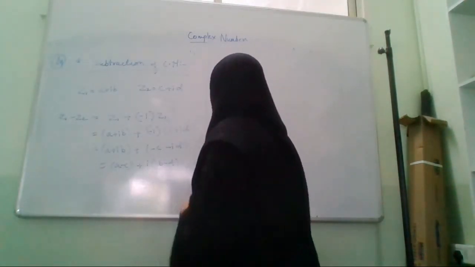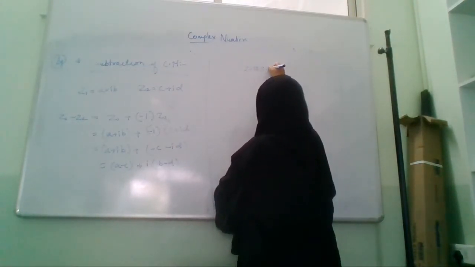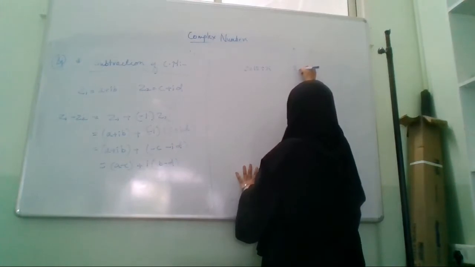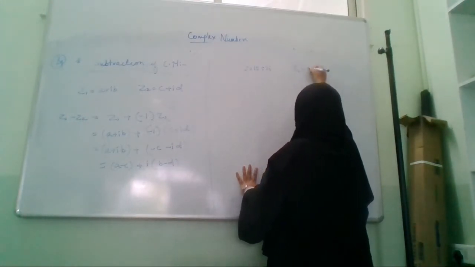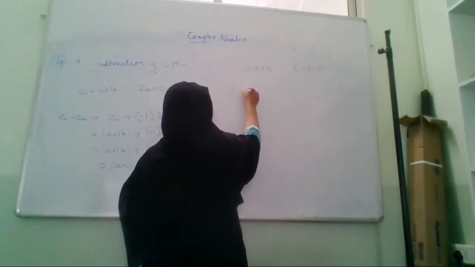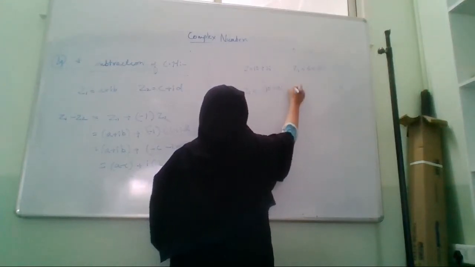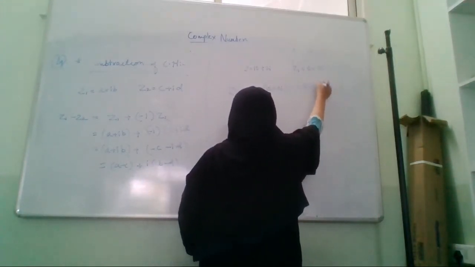For example, suppose z is equal to 10 plus 2i and z1 is equal to 5 plus 7i. So what will be z minus z1? It will be 10 plus 2i minus 5 plus 7i.